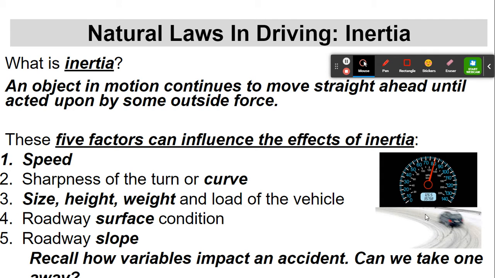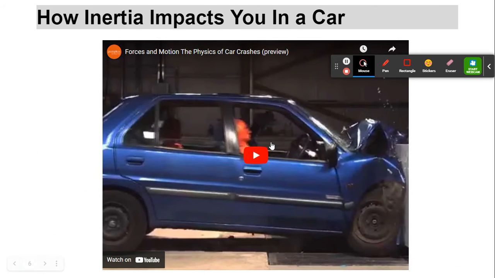The roadway surface is one of those factors, right? The slope doesn't seem to, maybe there might be an uphill slope here. It doesn't look like there's a downhill slope. But in this accident, we always can control one of these factors. Which factor can we always control? Speed. Let's move along. How inertia impacts your car. Let's watch.